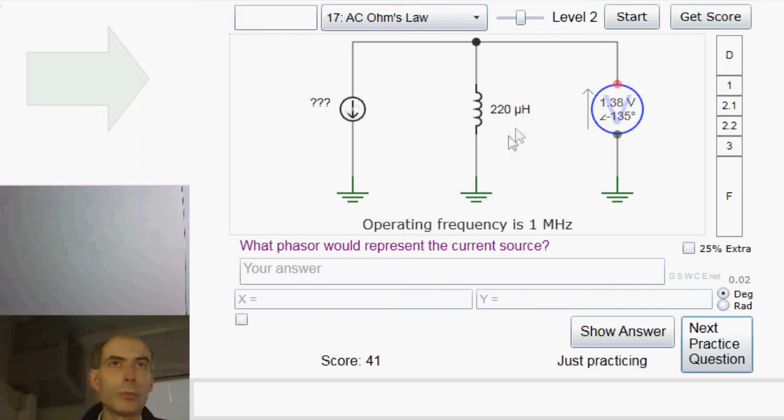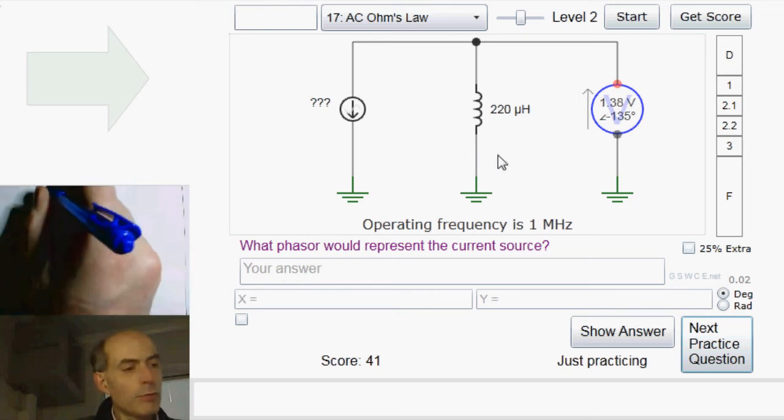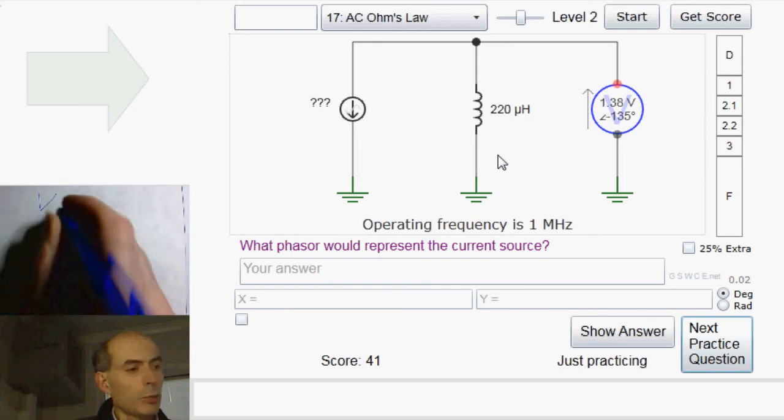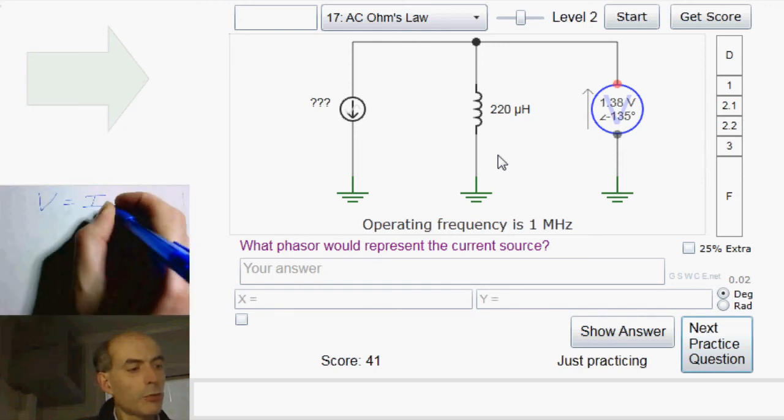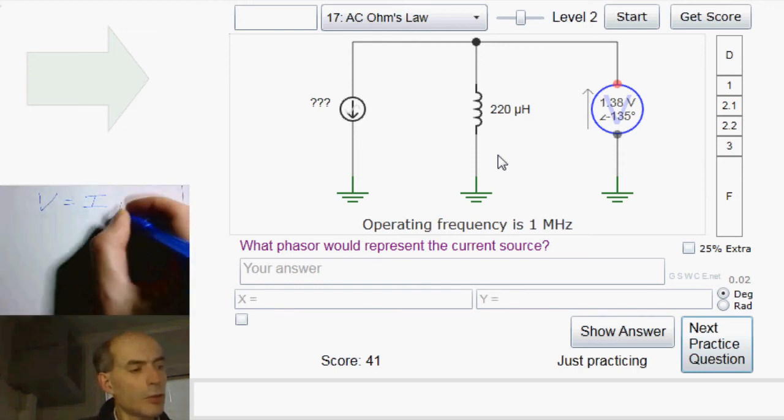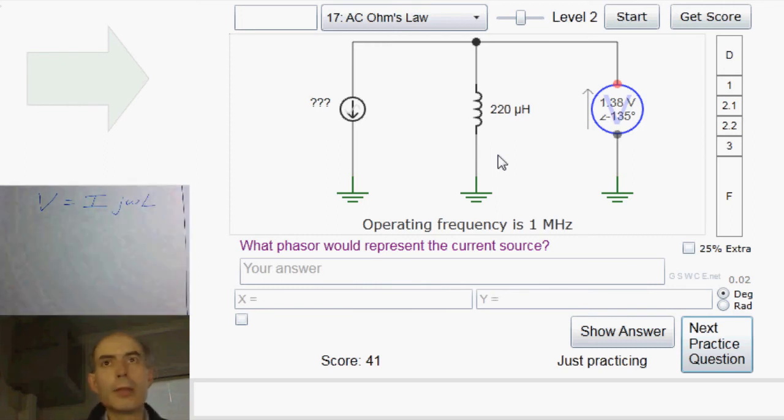And that would be related to the current flowing through the inductor from the high potential end to the low potential end. In other words, if we wrote V equals I times the impedance of the inductor, j omega L, then V would be the voltage from here to here, and I, the current, would be the current from here down to here.